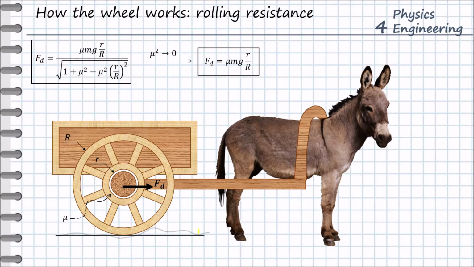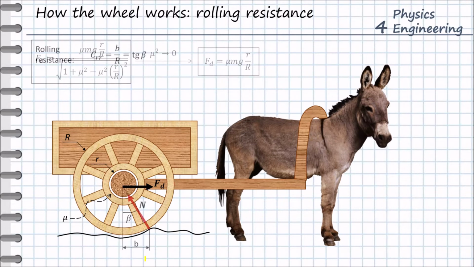But today we will include the rolling resistance in our investigation, and therefore the outcome will be the total rolling resistance of the wheel, including the friction between the shaft and axle, and also including the rolling resistance of the wheel, which comes from the rough road, like in the picture, and the road deformation, or from the wheel deformation at the contact point between the wheel and road if we have a rubber wheel, for example.